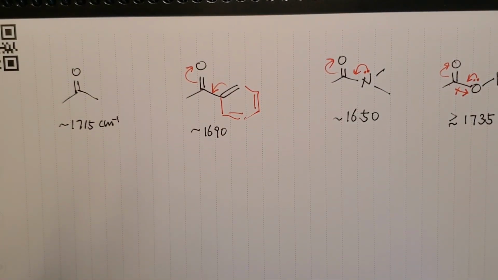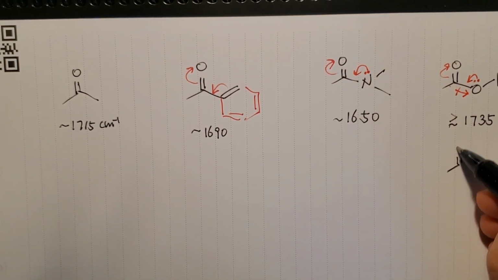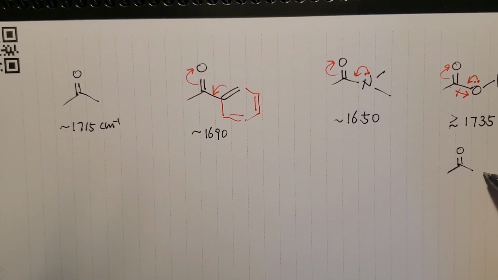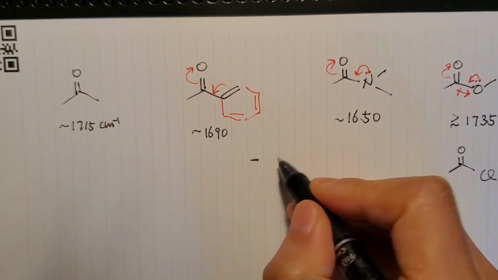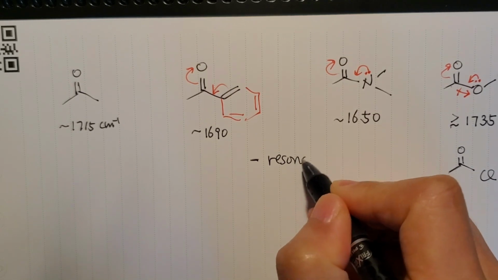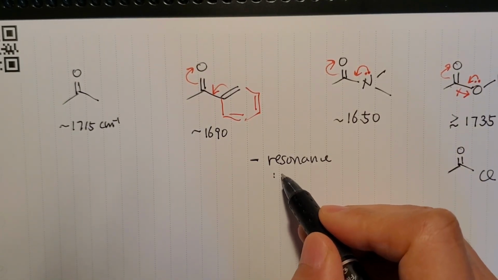Another common atom you find around the carbonyl group is actually chlorine. Then you can use the resonance effect and inductive effect to deduce the number. Can you try, please, while I'm writing this down? Resonance in case of breaking bond, right? Resonance does not always break bonds.